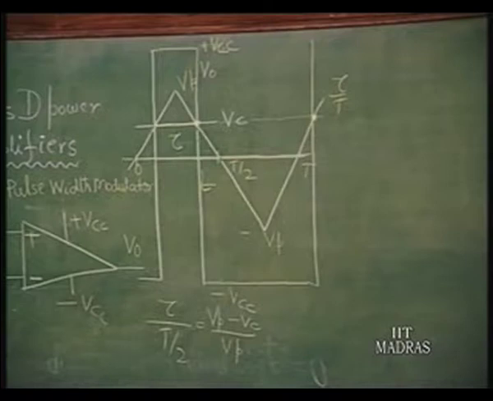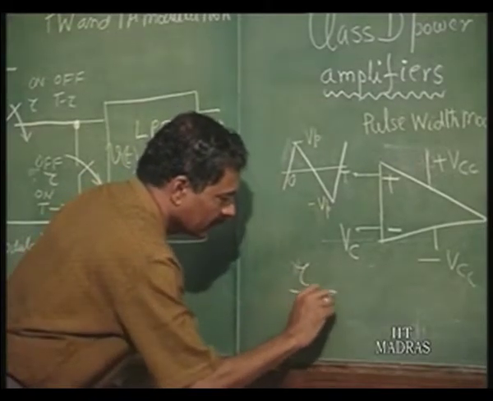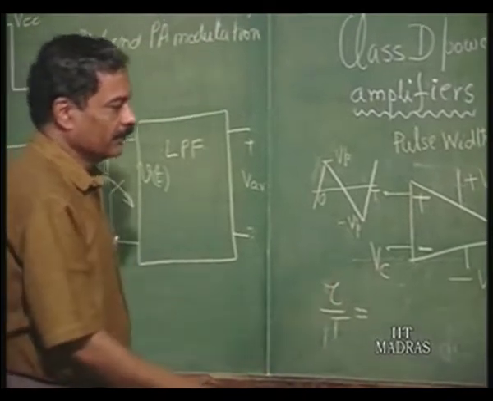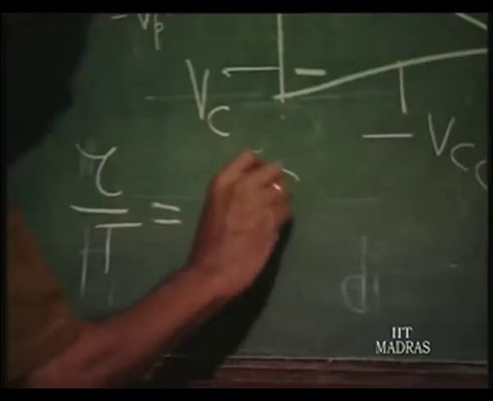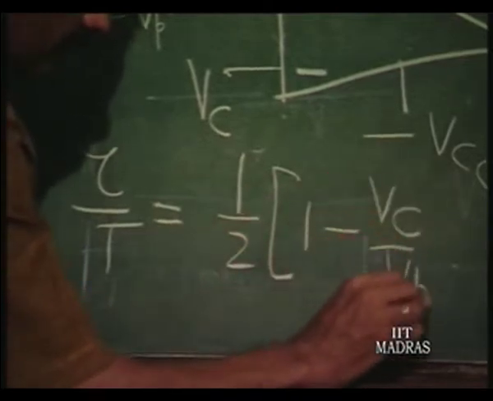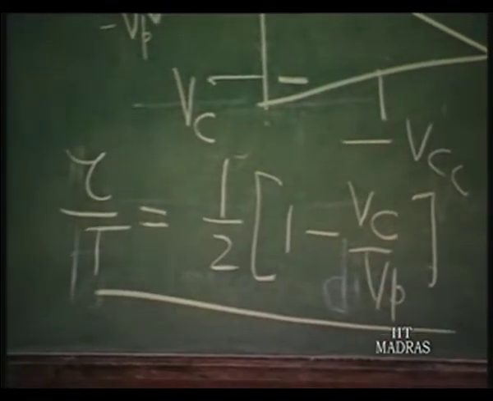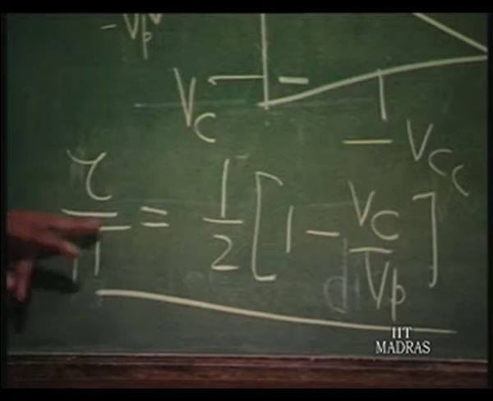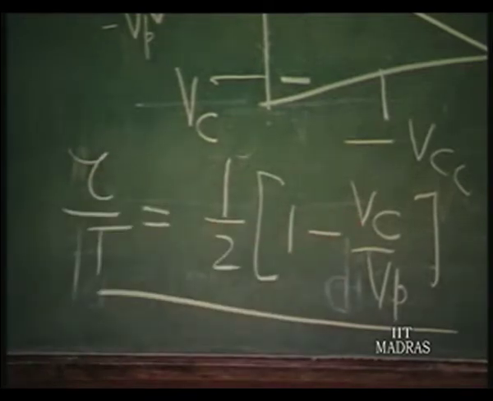So, this will give us an equation: tau by T is equal to half into 1 minus Vc by Vp. Very important relationship. Tau by T is equal to half into 1 minus Vc by Vp.